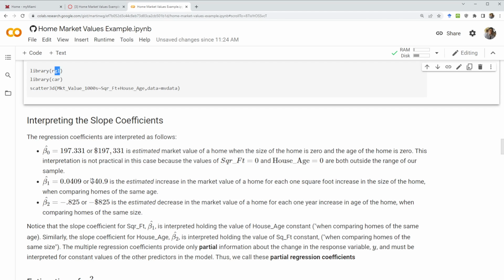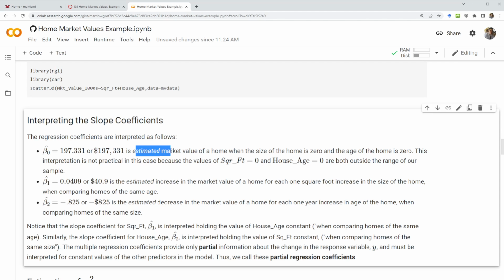So for interpretation, we have talked about the estimation of the y-intercept, but for the slope, it's important to mention that this is the estimated increase in market value, that $40 for a home, for each 1 square foot increase in the size of the home, but you have to hold constant or compare to houses of the same age. The same with the increase in 1 year.